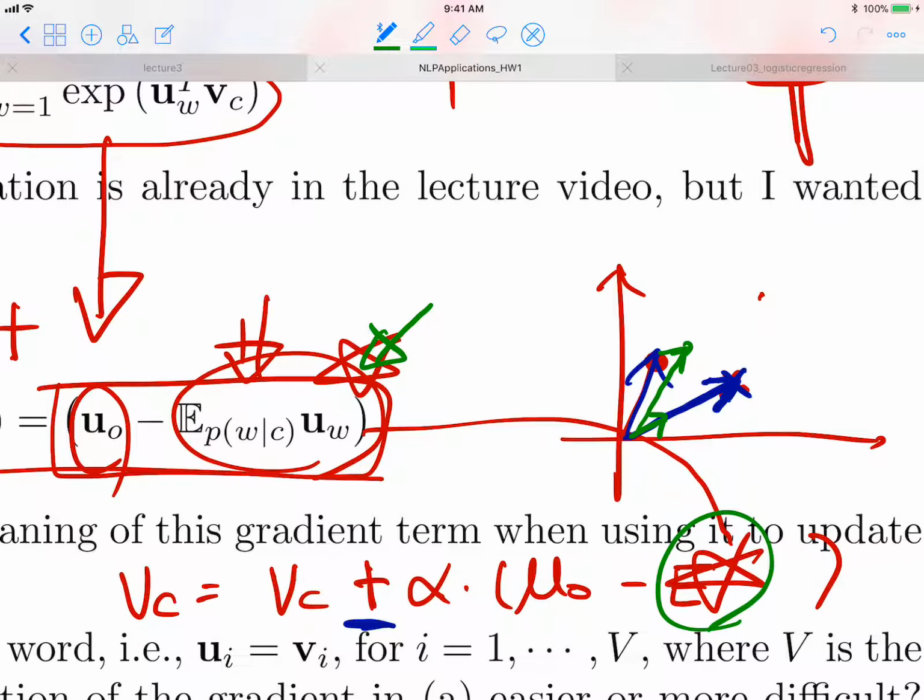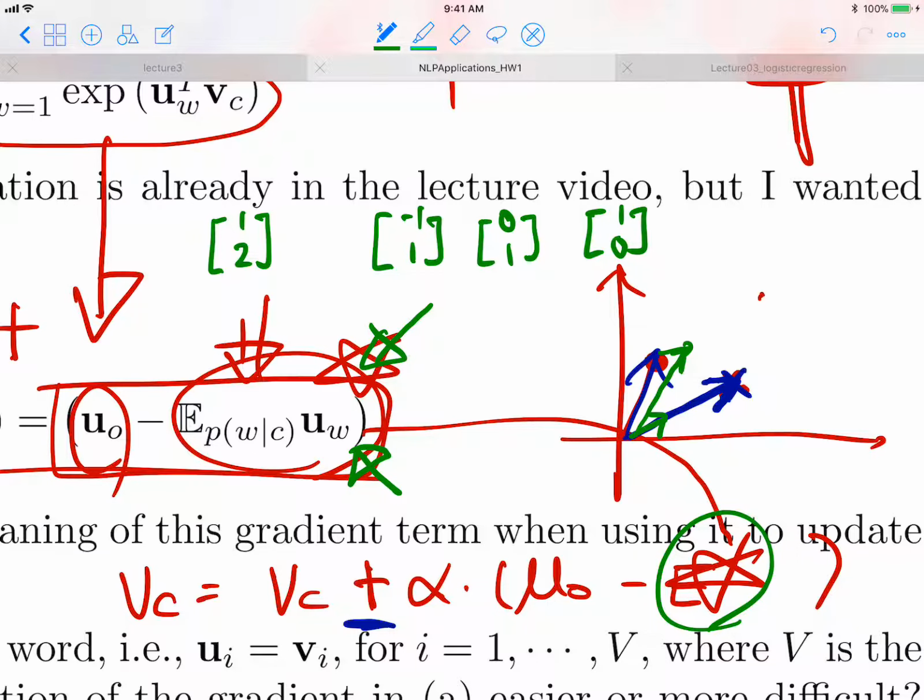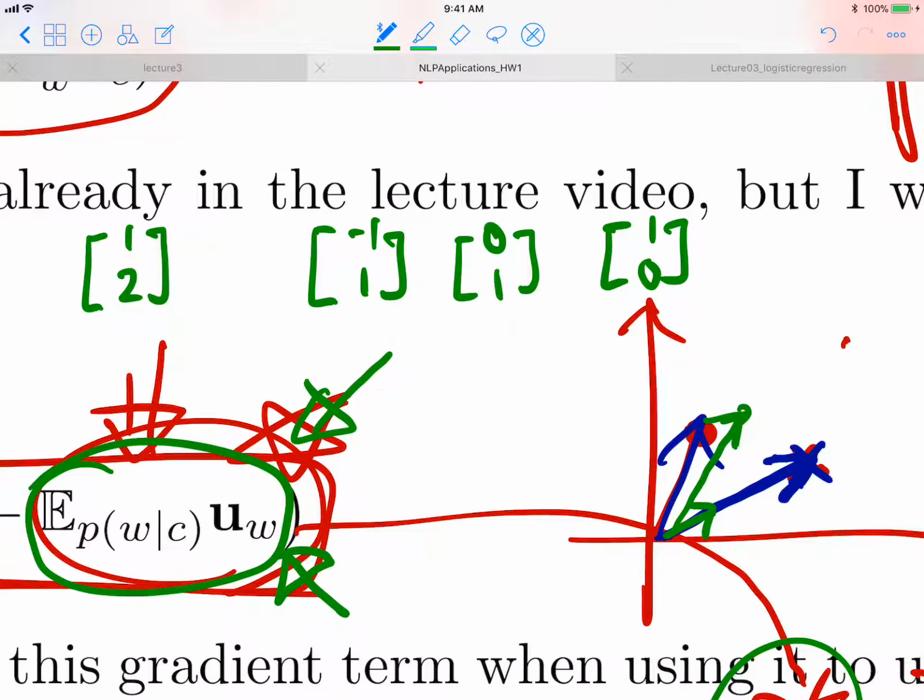Suppose VC was maybe (1, 2), and suppose we have three words in our vocabulary, with vectors maybe (-1, 1), (0, 1) and (1, 0). How do we compute the attention module, or at least how do we compute this term? Let me give an example.